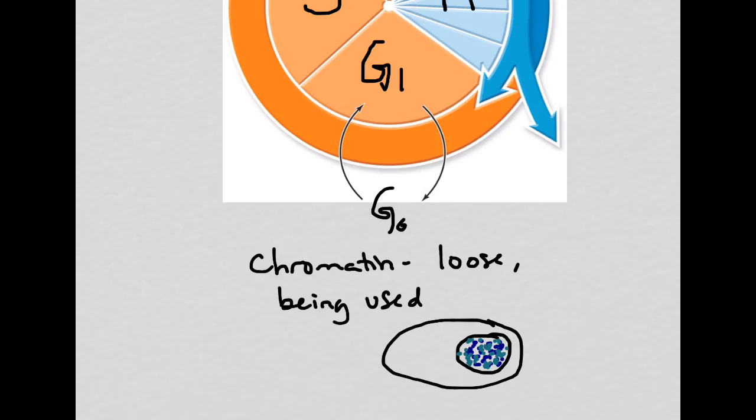If you were able to actually look at one molecule of DNA, you would find that there is only one copy of each chromosome at this point, okay? During this phase, you would find only one copy of each chromosome.